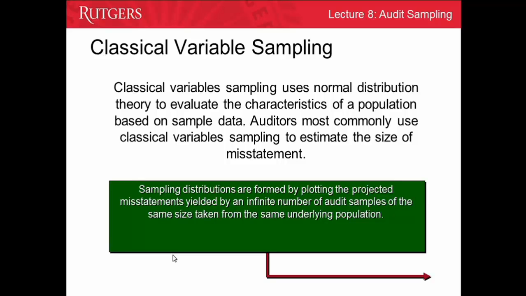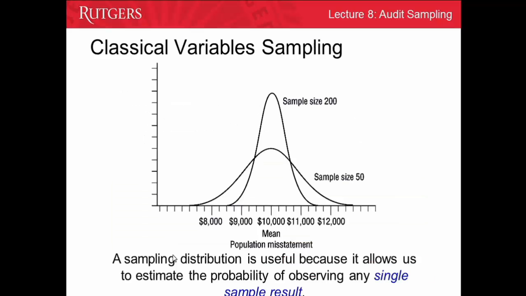Classical variables sampling uses normal distribution theory to evaluate the characteristics of a population based on sample data. You can see in this figure there are two normally distributed bell-shaped curves that describe sampling distributions. The mean of the distribution is $10,000.